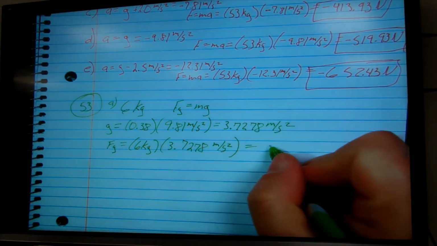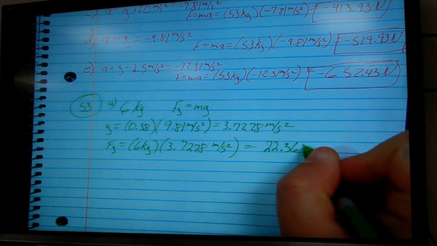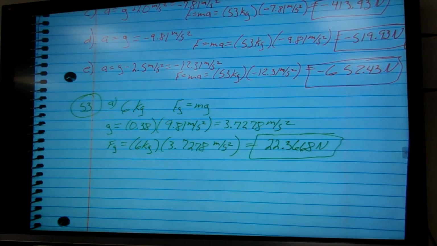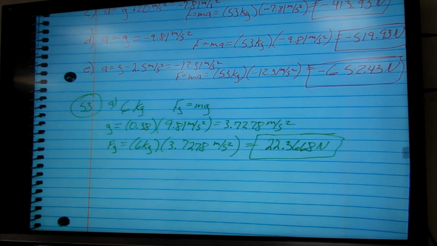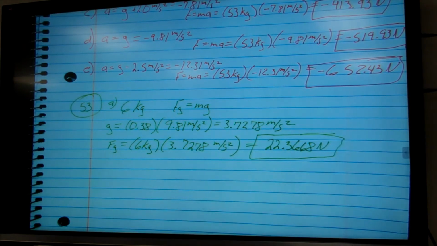So we find the weight to be 22.3668 newtons. Would it be F equals, or does that matter? I just did F sub G. That was part A.